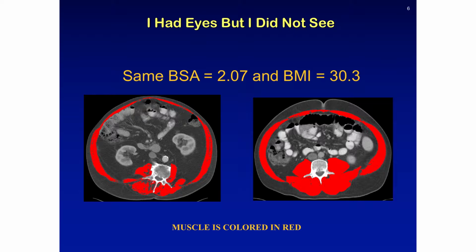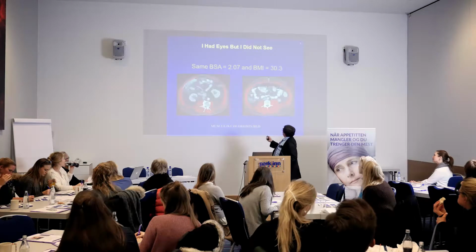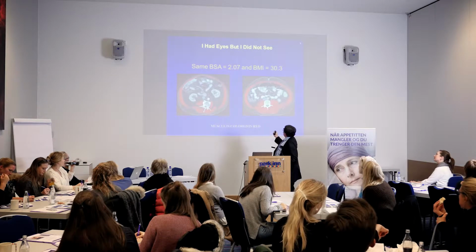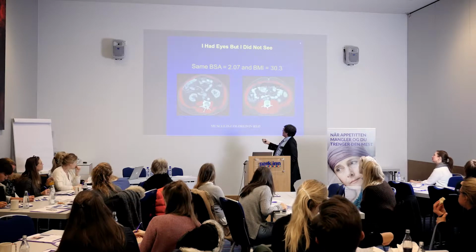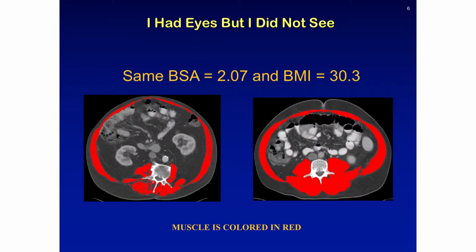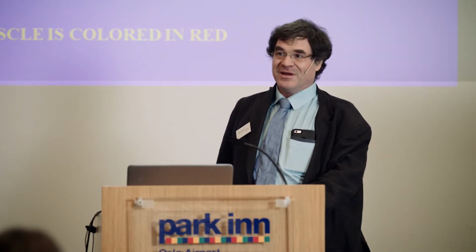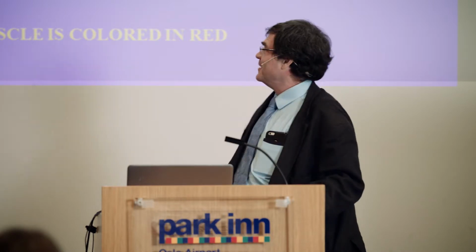The red is the muscle that is colored. This is essentially the normal amount of muscle. This one is somebody who is profoundly sarcopenic. As the title said, I had eyes, but I did not see. As medical oncologists, we don't ever look at what's supposed to be there that is actually disappearing.